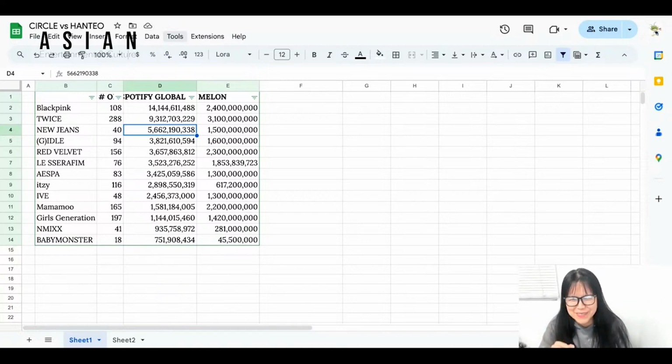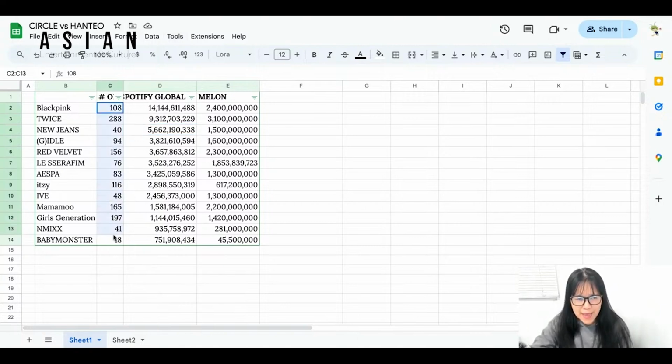So I just did the girl groups, but I will do the boy bands next. This is the number of songs that the group has. The most come from Twice. They have 288. Imagine. Then the next one would be Girls' Generation. They have 197. Next would be Mamamoo at 165.